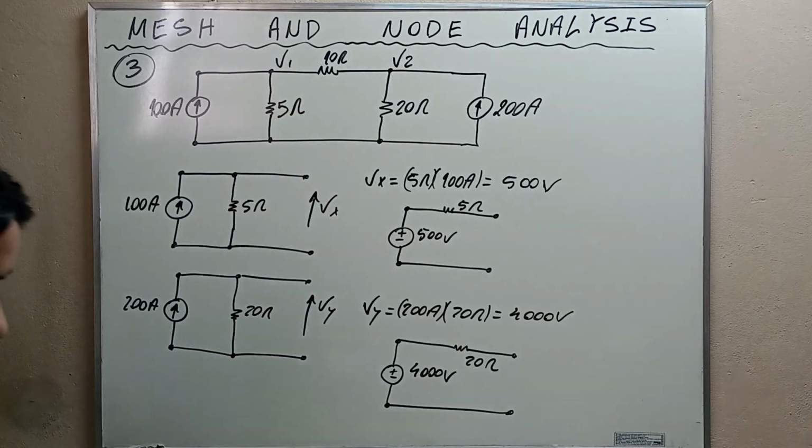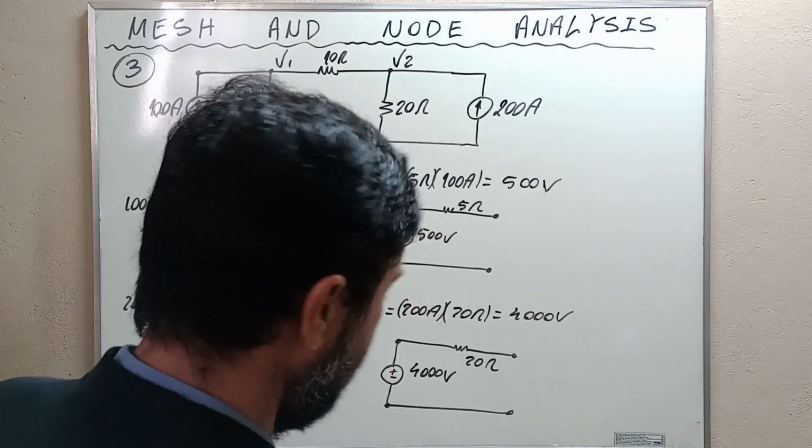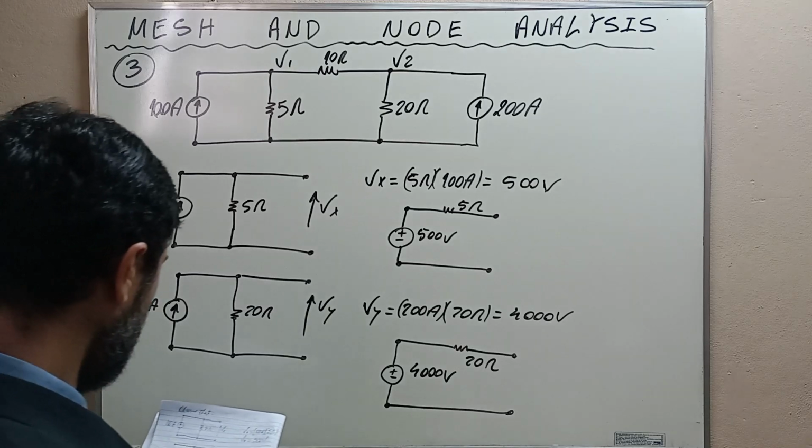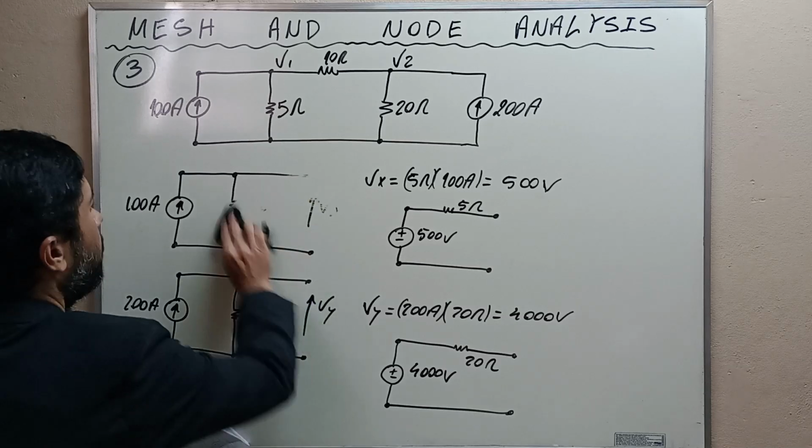We are going to use this and this here to calculate the voltage drop across this 10 ohms resistor, okay? So let's do it. Let me raise it here to redraw the circuit.